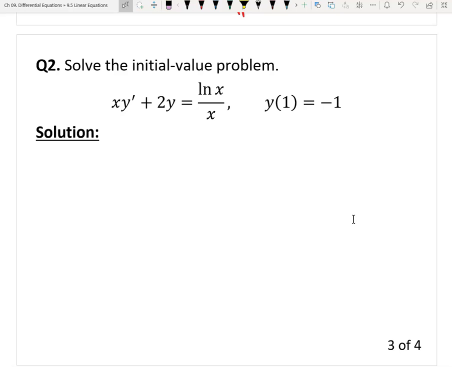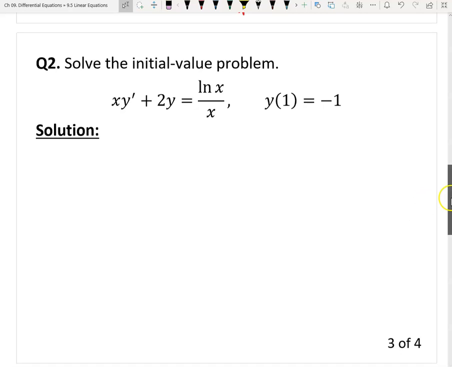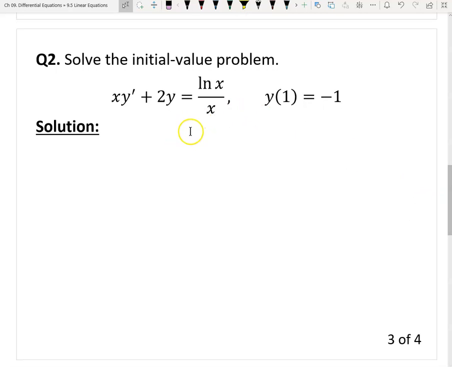We call it the initial value problem, because we have an initial condition. We use this condition on the general solution, so we will get a specific solution. So first, I'm going to find a general solution.